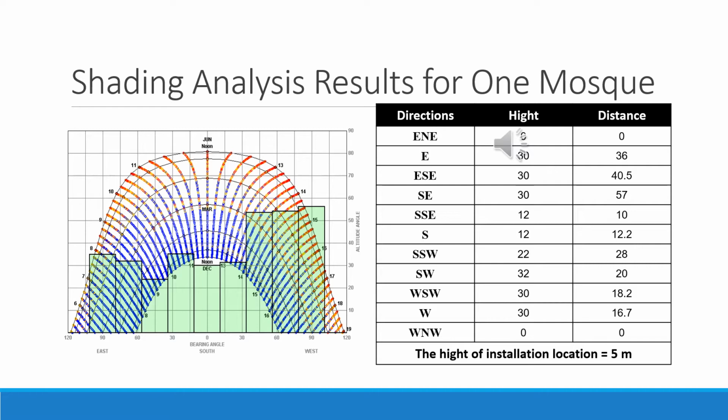The location can't get any solar radiation in the winter, which is not good for the solar water heaters, but PV systems could get some radiation in other parts of the year. On the right, the table represents the directions and distances of the surrounding buildings.